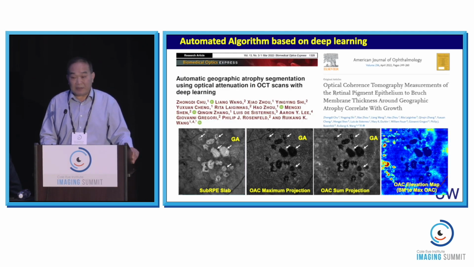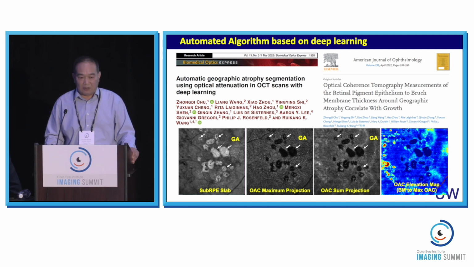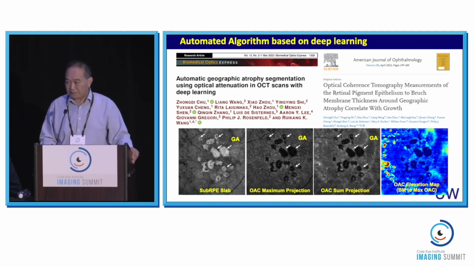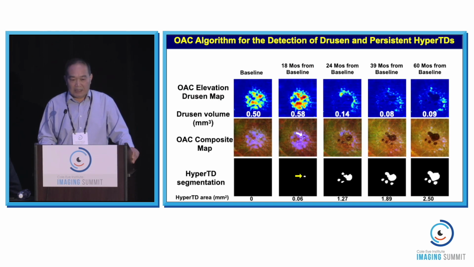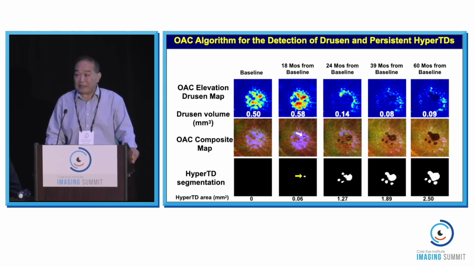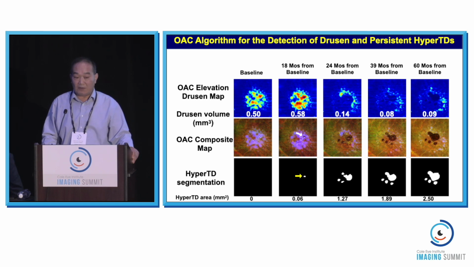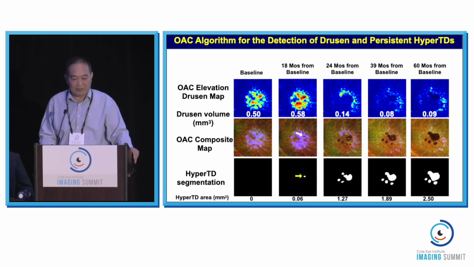And so with this information, we developed an automated algorithm to quantify the GA or hypo-TDs, based on the deep learning approach. And this algorithm really gives you automatic measurement over time of the OAC elevation. OAC elevation, as I mentioned, includes the drusen volume and also the basal laminar deposit.